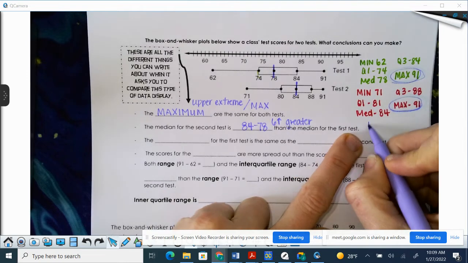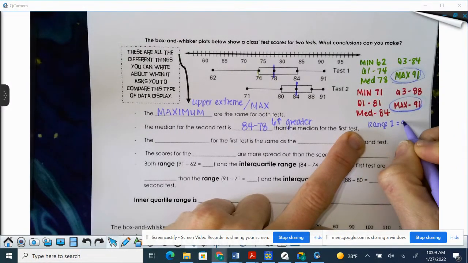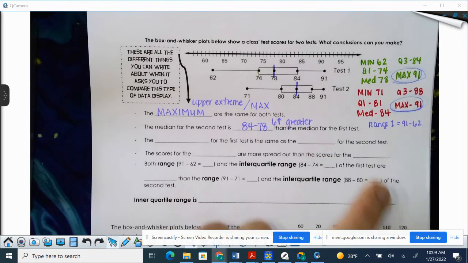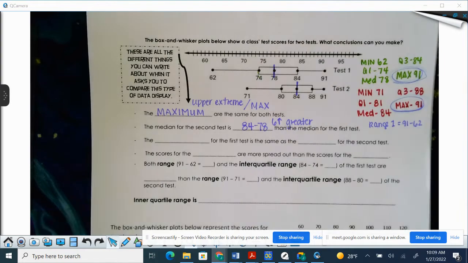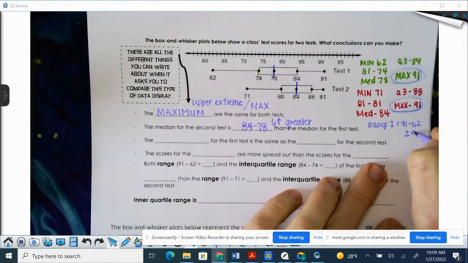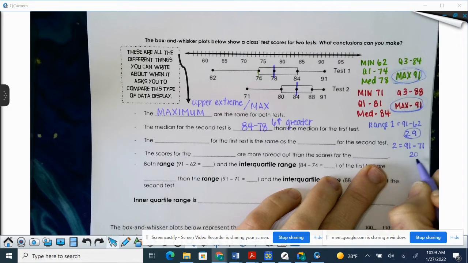So range for test 1 is 91 minus 62, and that's going to be 29. Oh, sorry for the shakes. Range for test 2 is 91 minus 71, which is 20. So those are not the same.